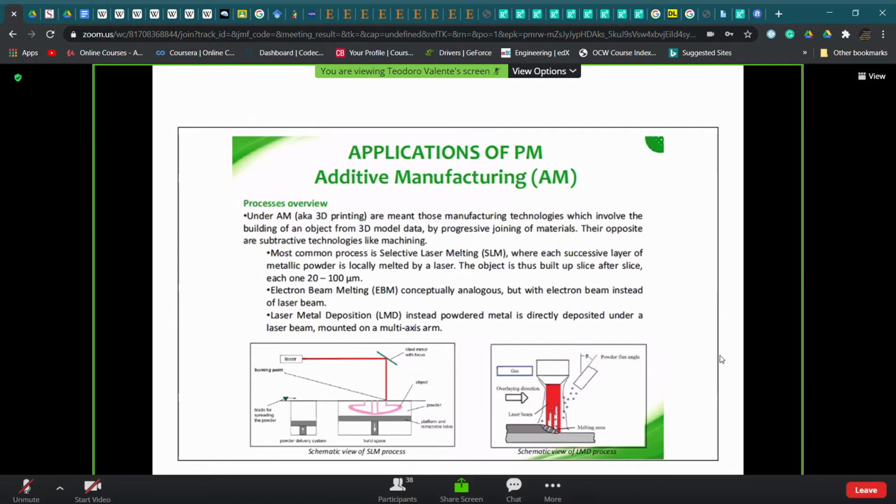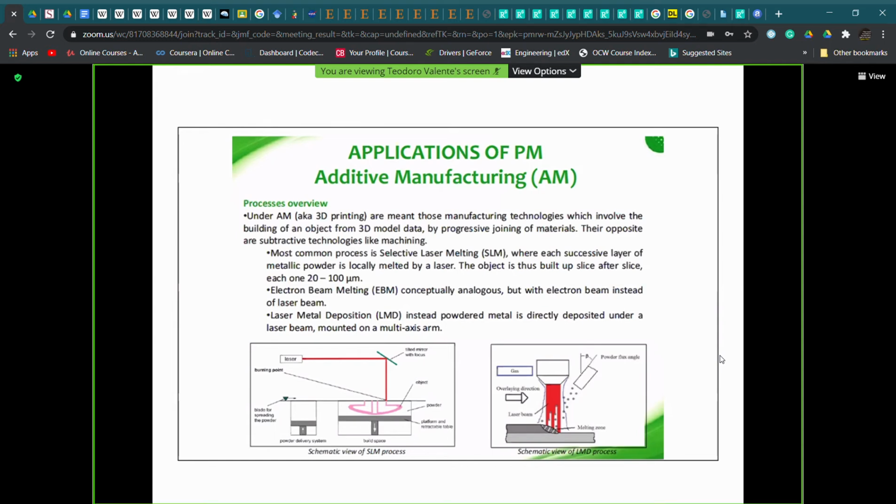Depending on the way in which these materials are added, we can have different sub-techniques belonging to the area of additive manufacturing technology. Obviously, in this case, we add material, for example, layer by layer, in order to fabricate our final component.